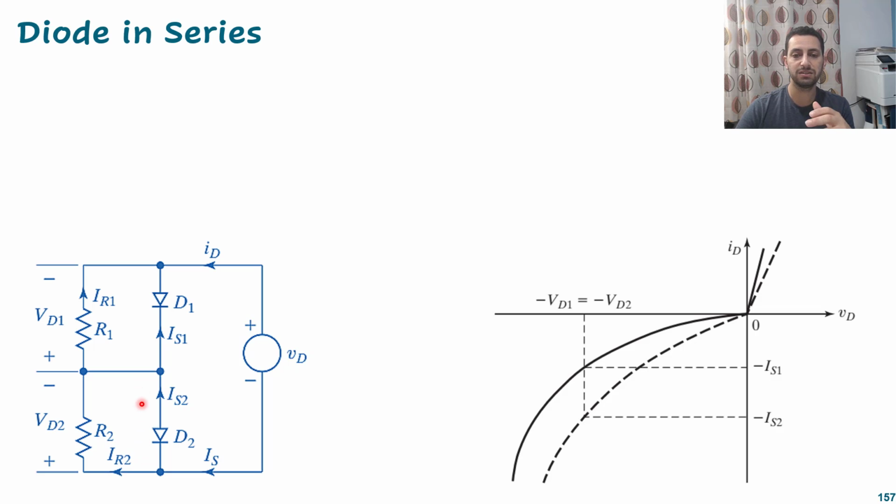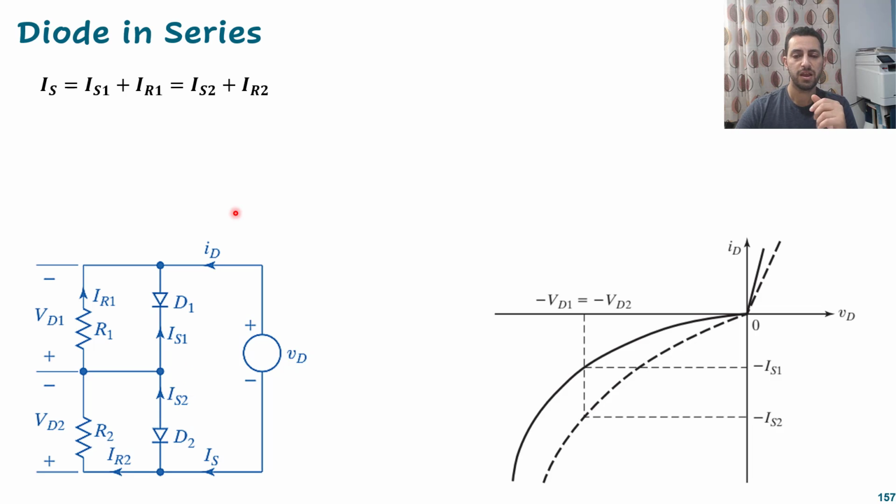These resistors make sure the leakage current is shared, so we have leakage current for the first diode and for the second, just to guarantee that the voltages across both diodes are the same, or at least very close to each other, and not like the previous scenario: 400 and 600, a 200 volt difference between them.